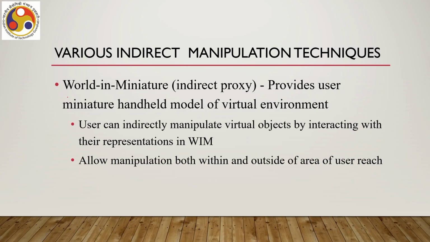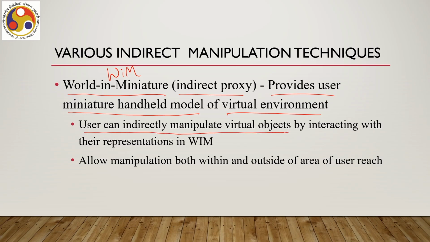A third technique is world in miniature, which is another type of indirect proxy. Essentially this WIM, or world in miniature, provides the user a miniature handheld model of the virtual environment, and the user can indirectly manipulate virtual objects by interacting with the representation of those objects in the WIM.